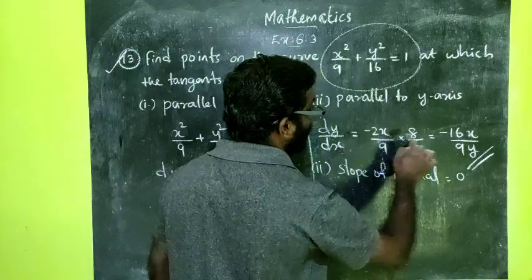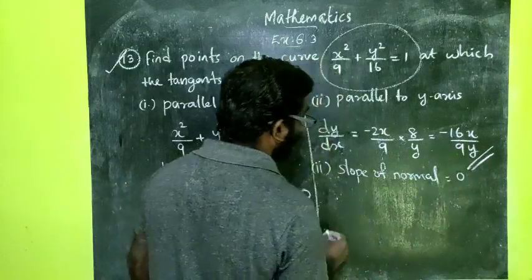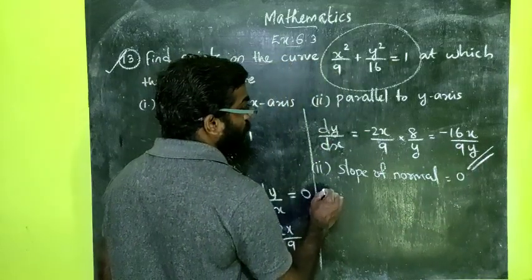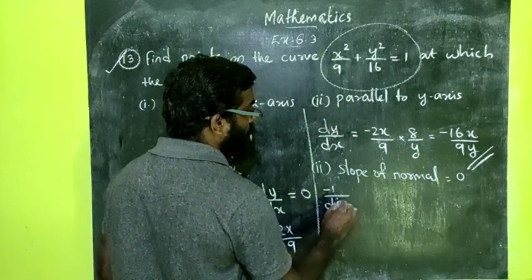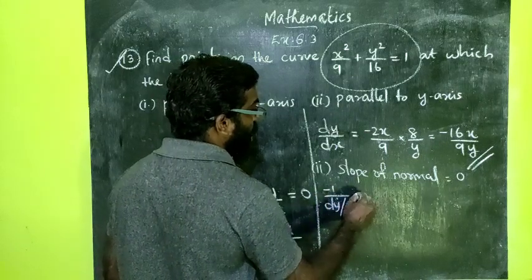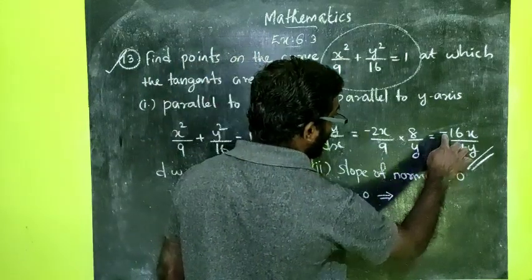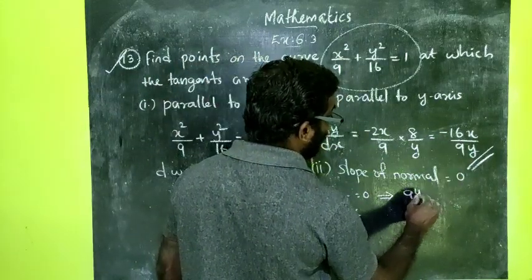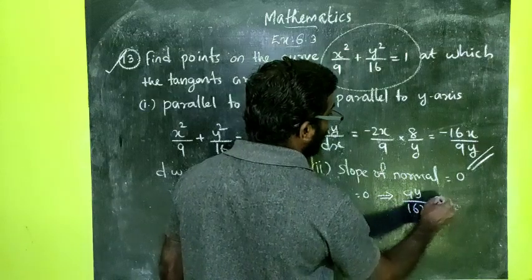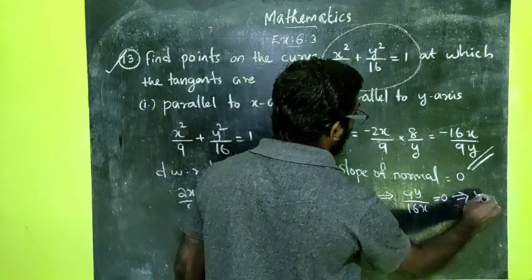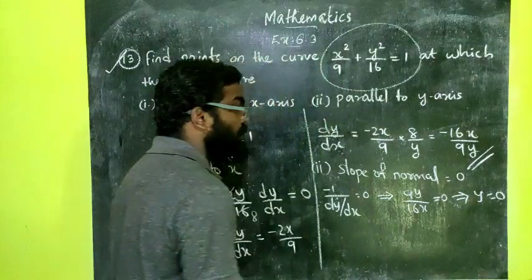Here dy by dx is minus 16x divided by 9y. So minus 1 by dy by dx is equal to 0; we take the negative reciprocal, so the sign changes. 9y by 16x equal to 0. That implies y is equal to 0.